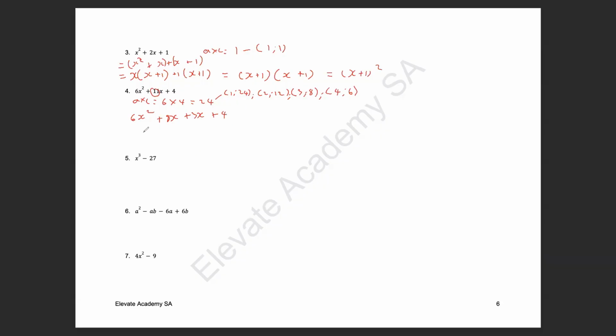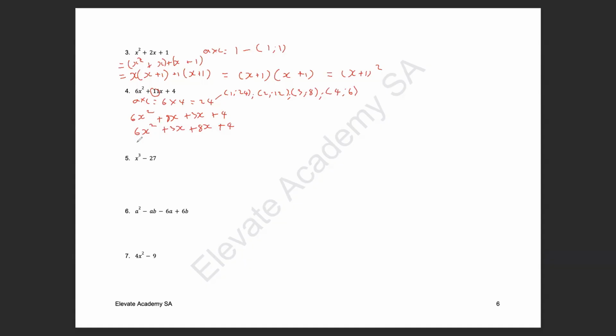We'll be better off swapping these two values, which is perfectly fine because of the commutative property. So 6x squared plus 3x plus 8x plus 4. The reason I swapped this is because we can see that naturally 8 and 4 are more compatible and 6 and 3 are more compatible as well.